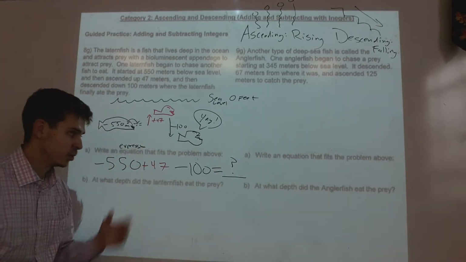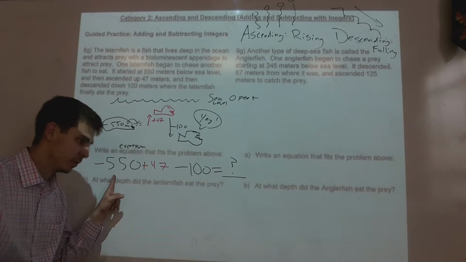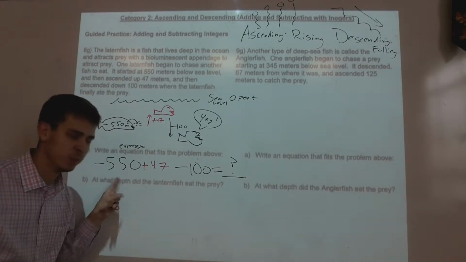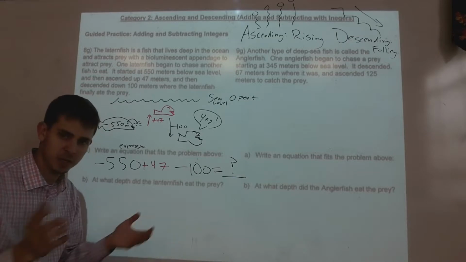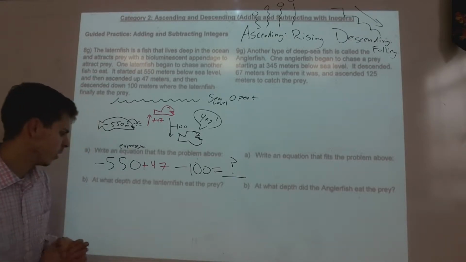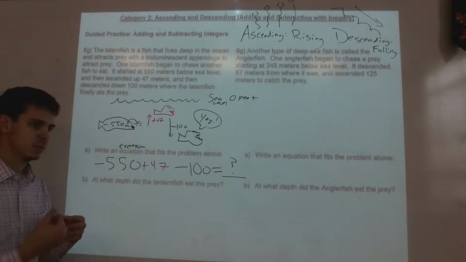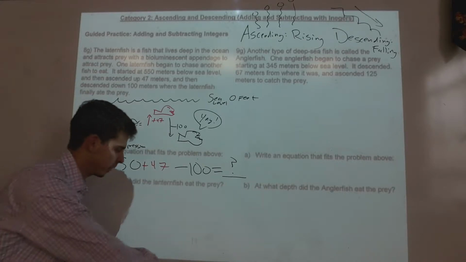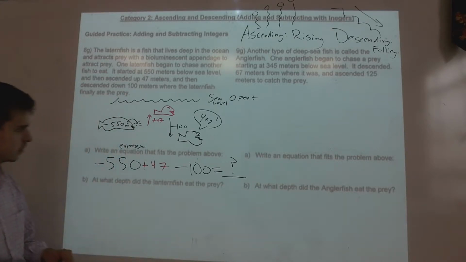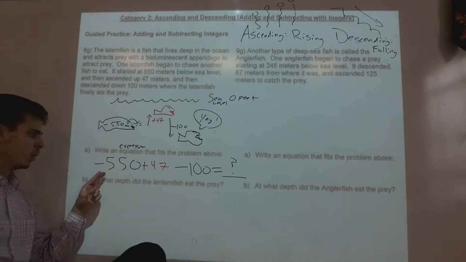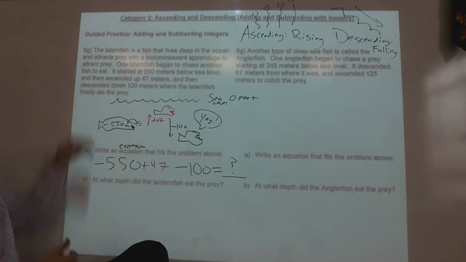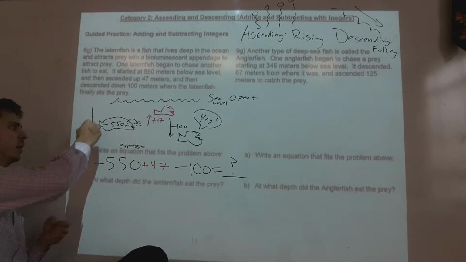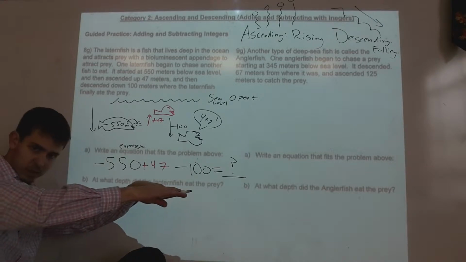And this gets a little tricky because you can't count negative 550 down. You'd be here till I leave the school. So we're going to have to just do our best, and I'll walk you through how I do it. So I know that we are at negative 550 down here.